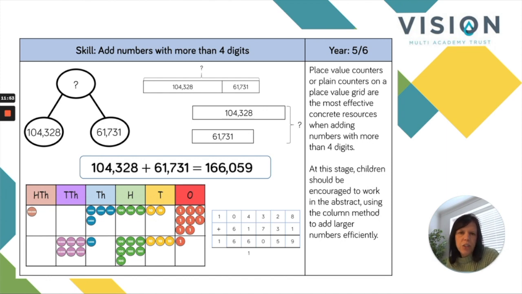At this stage, children should be encouraged to work in the abstract using the column method to add larger numbers efficiently. But again, number formation, everything, even year 5 and 6, needs to be really picked up on so that they make their working out really clear and don't make simple errors.